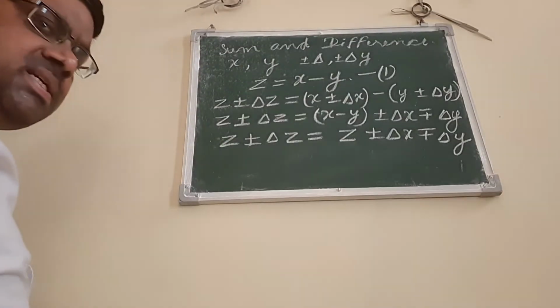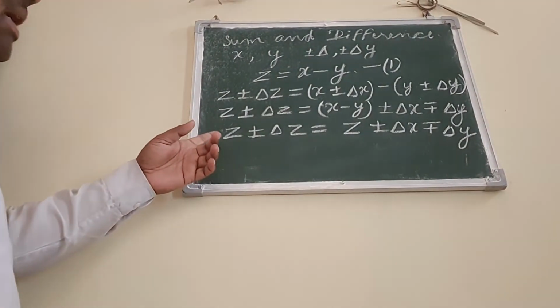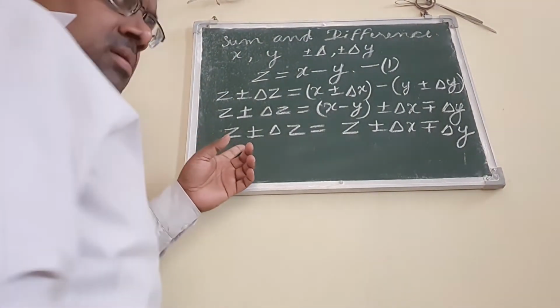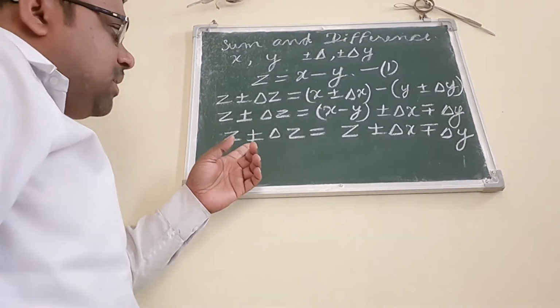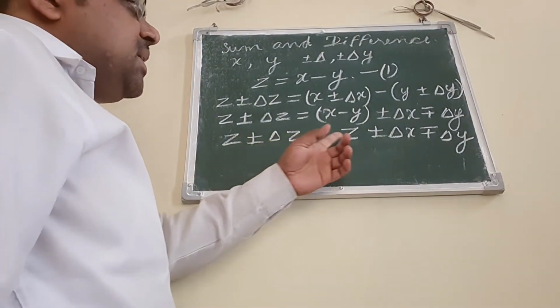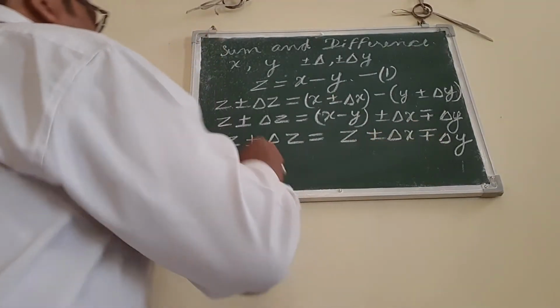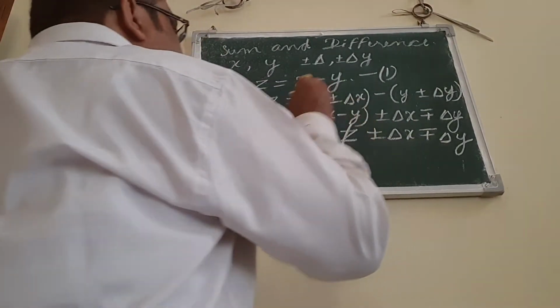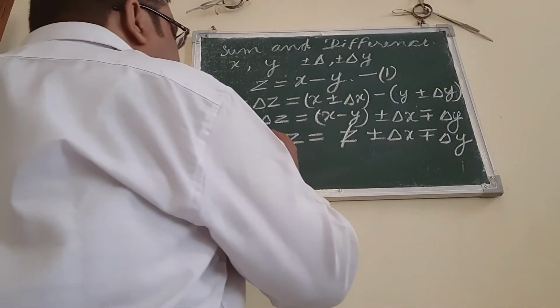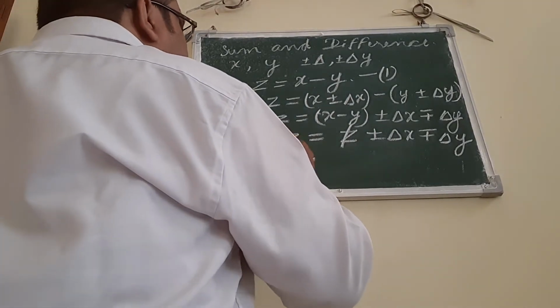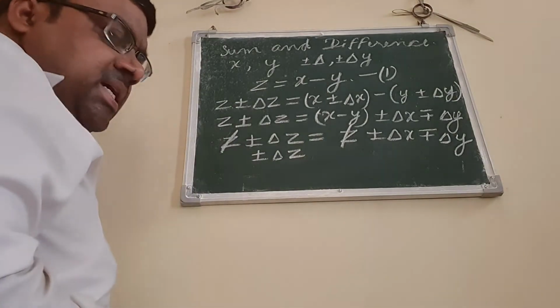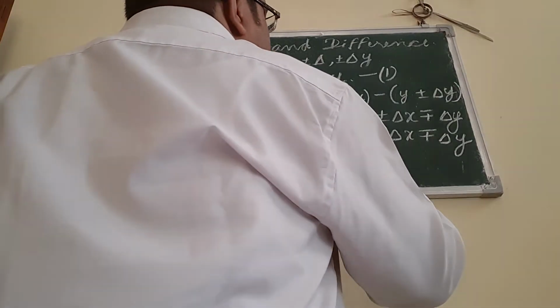You all can see this. This is z plus minus delta z is equal to z plus minus delta x plus minus delta y. z and z cancel because of the same sign on both sides. So we are left with plus minus delta z equal to plus minus delta x plus minus delta y.